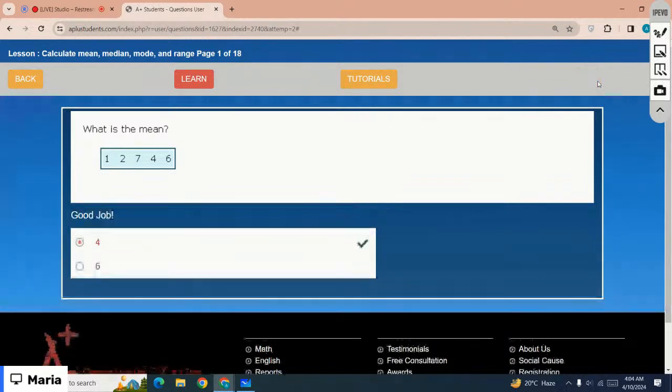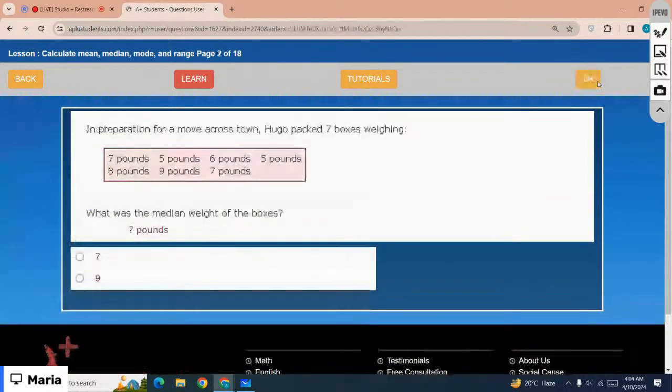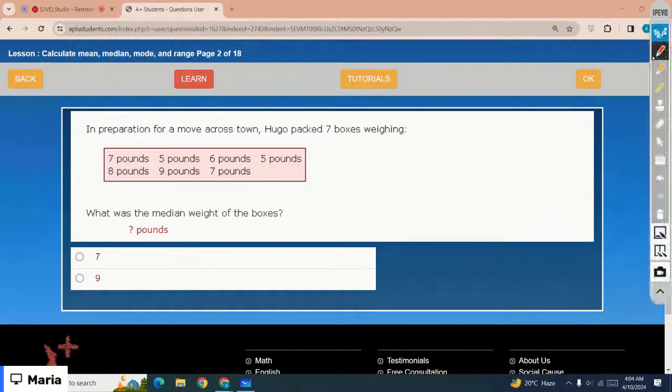Let's move on to the next one. In preparation for a move across town, Hugo packed 7 boxes weighing 7 pounds, 5 pounds, 6 pounds, 5 pounds, 8 pounds, 9 pounds, and 7 pounds. What was the median weight of the boxes? Whenever you need to calculate the median, the very first thing you have to do is arrange them from least to greatest.